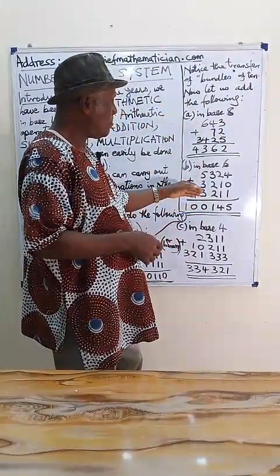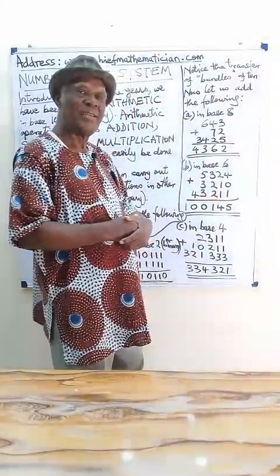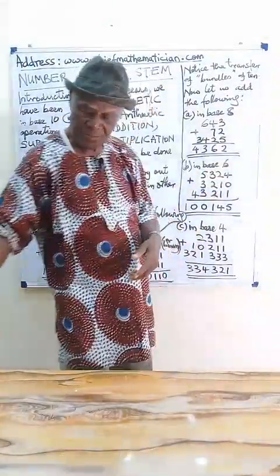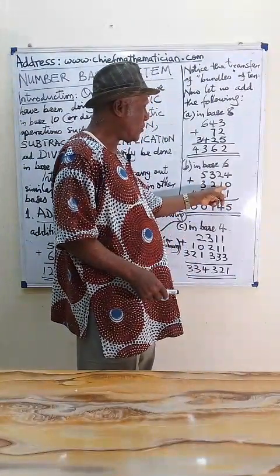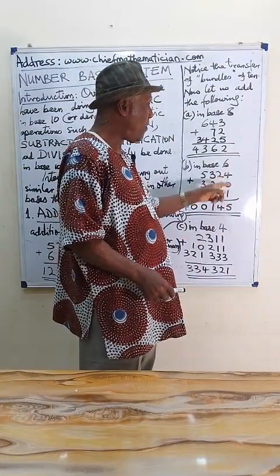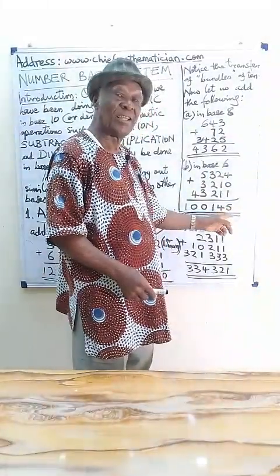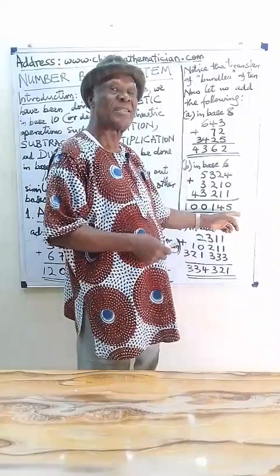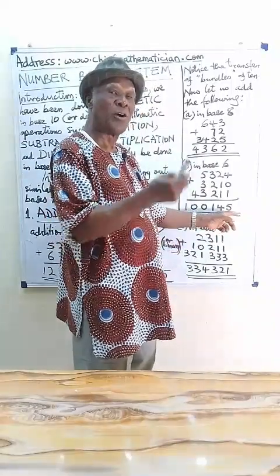Now go over to base 6. These numbers are to be added in base 6. 1 plus 0, 1 plus 4, 5. You put down 5 because it is not yet up to one bundle of 6.